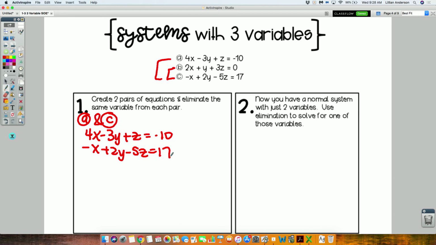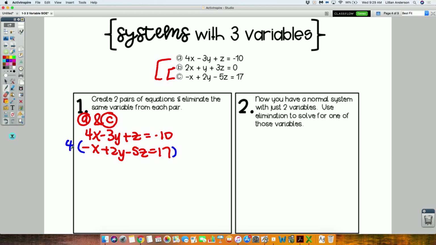How do I do that? Multiply. I need to multiply the bottom one by 4, because if I'm eliminating x, which is the one that y'all wanted to eliminate, I need to multiply that bottom equation by 4.